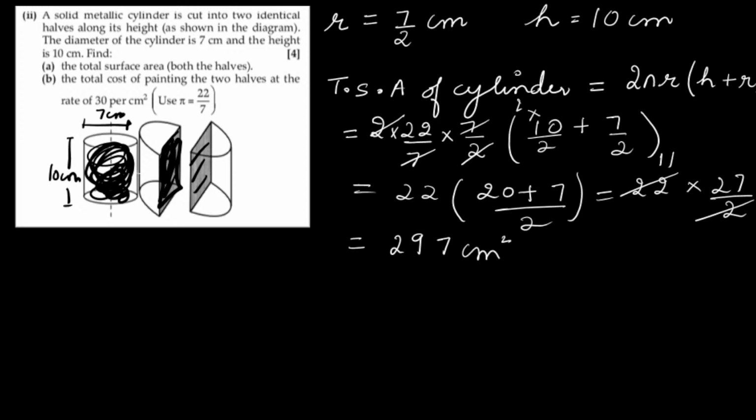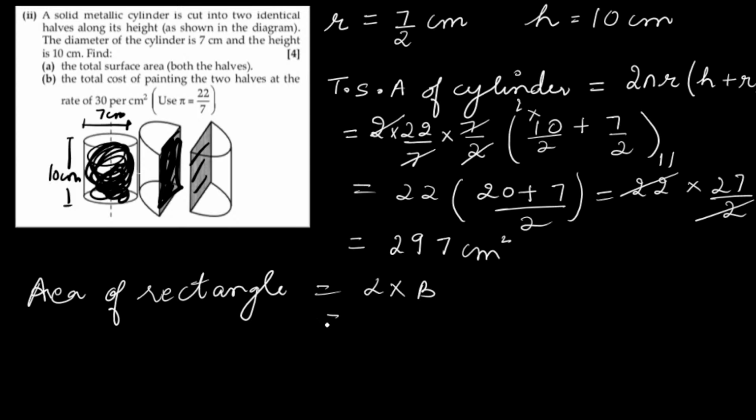Then individually we'll find. The area of a rectangle is length into breadth. Now what are the length and breadth of this rectangle? If you see, the width is equal to the diameter of the cylinder, isn't it?